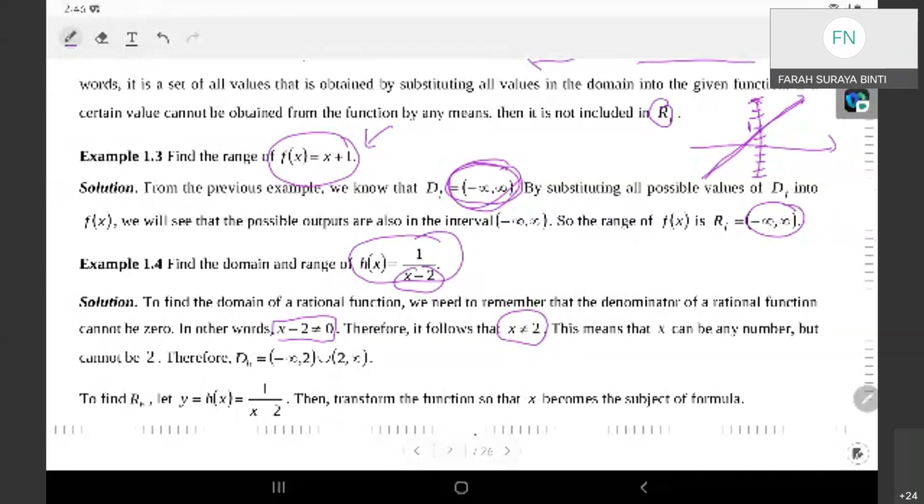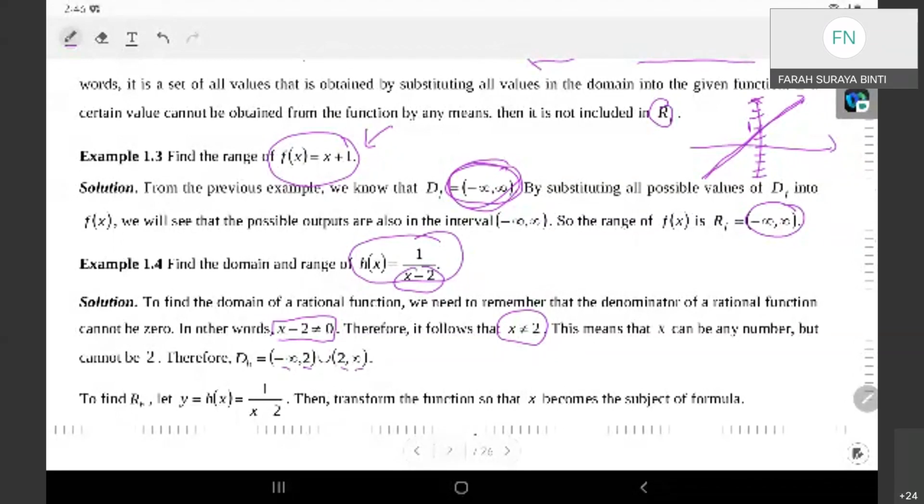Okay, x not equal to 2. This means that x can be any number, but not number 2. Okay, so our domain is from negative infinity until 2 and or from 2 until infinity.